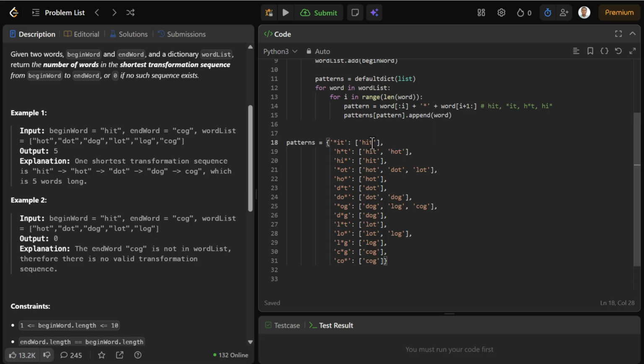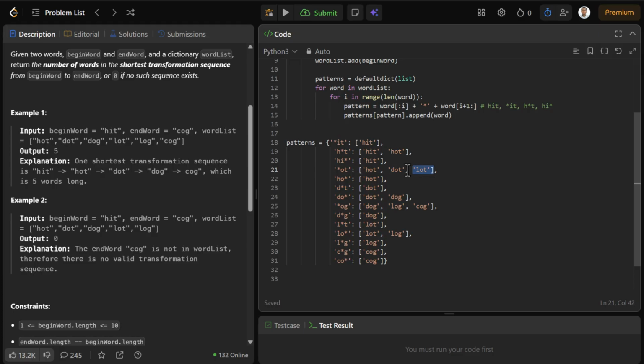For example, if I'm looking at a word which is contained in a bucket, which is hit, that means I can also see other words or other neighbors in that same bucket. For example, if I'm starting from heat, I already know that the neighbor of heat would be hot. Then I go to hot. What are the neighbors of hot? The neighbors of hot would be dot and lot.